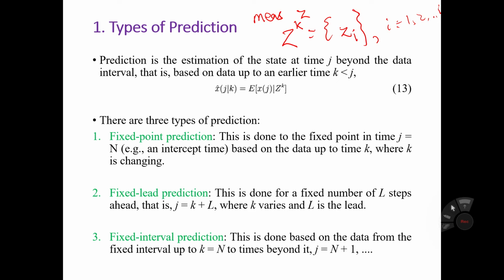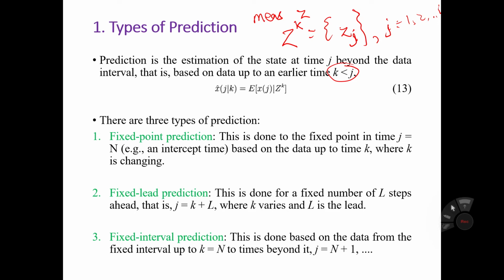So the z set is z1, meaning the measurement at scan number 1, the measurement at scan number 2, z2, and so on. So the prediction of this estimate, if we write j here, is the estimation of the state at time j beyond the data interval based on the data up to an earlier time. So here k is less than j.